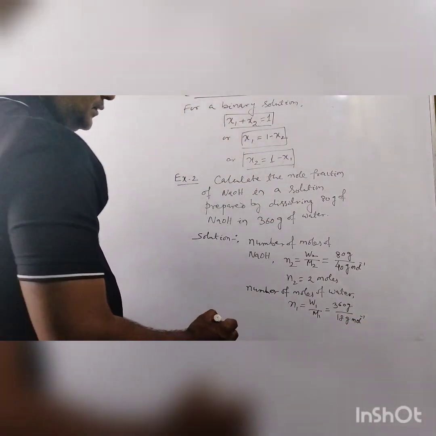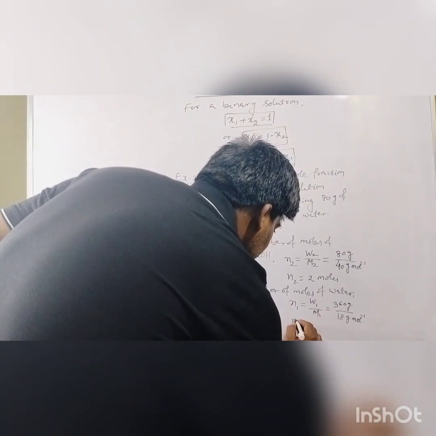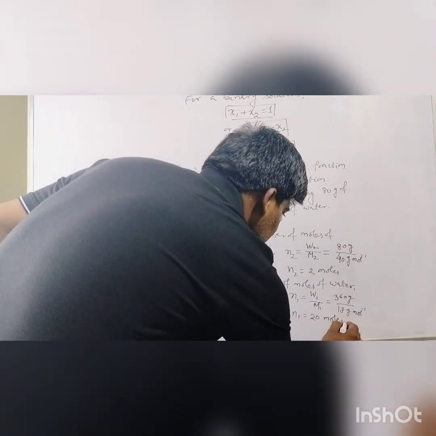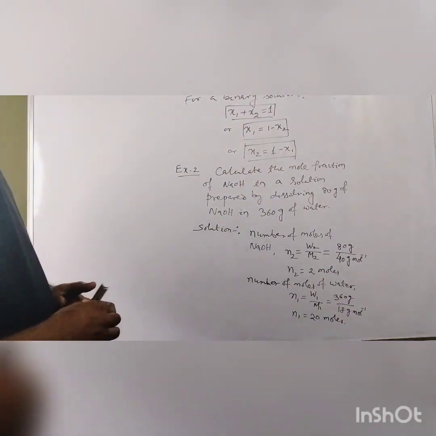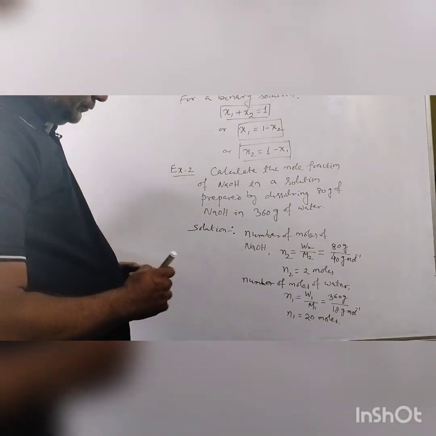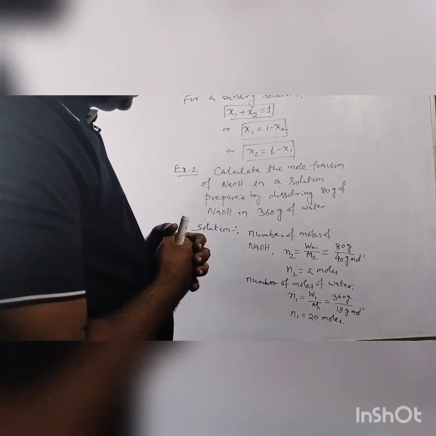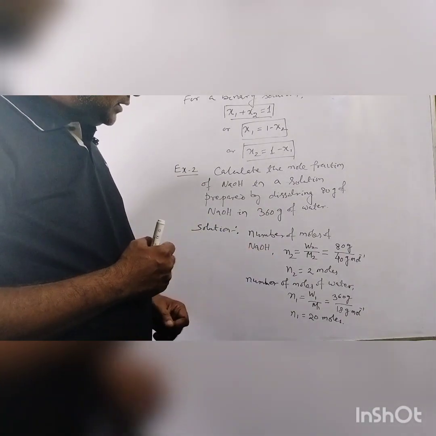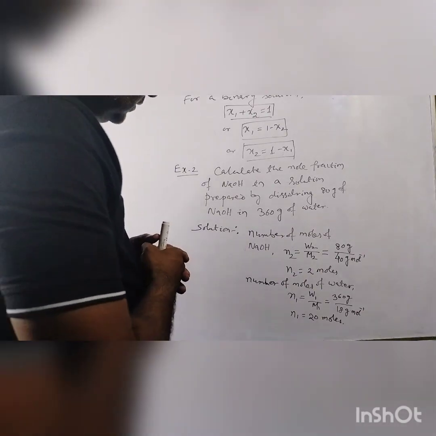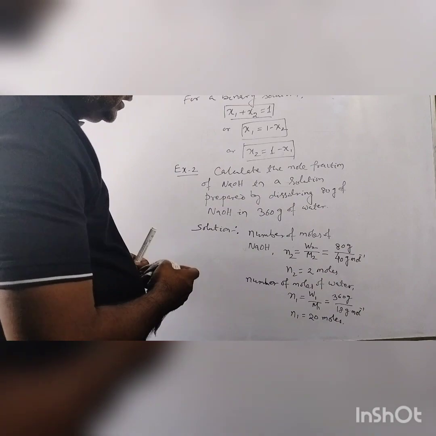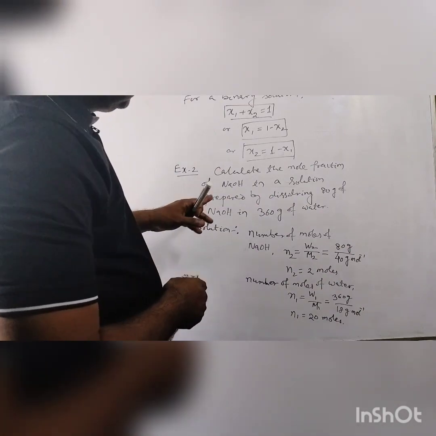Okay, so that gives N1 is equal to 20 moles. Okay, so here we have calculated number of moles of solute 2 moles and number of moles of solvent 20 moles. Okay, so then we have to calculate the mole fraction of solute.